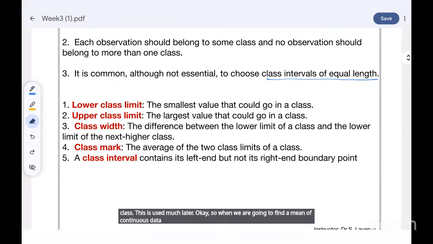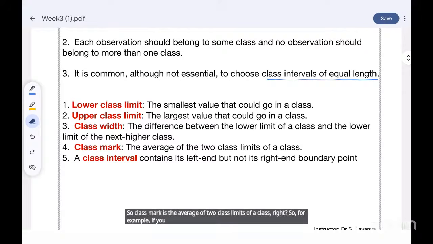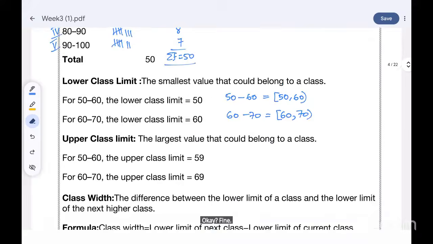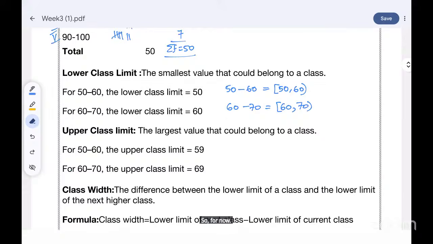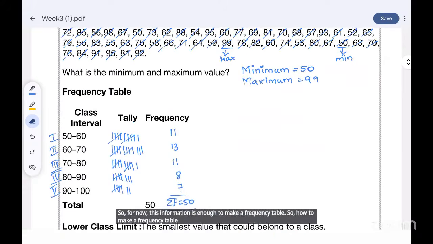For example, if you have 50 to 60, then it will be 50 plus 60 by 2. We will see how to use this class mark a little later. For now, this information is enough to make a frequency table for continuous data. Is that clear for everyone?